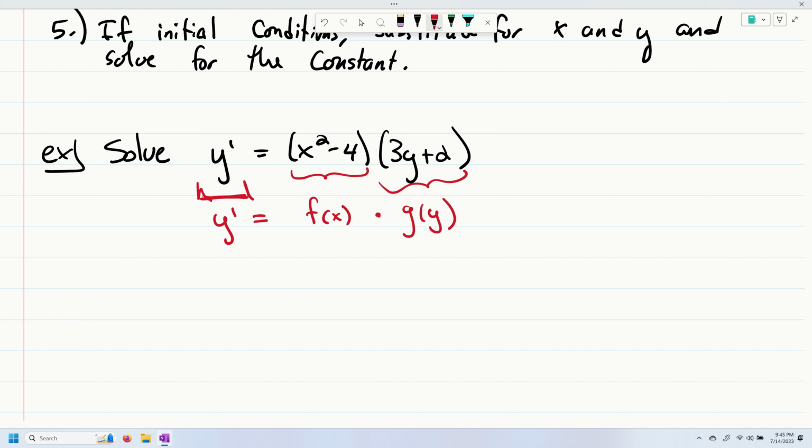So this is 100% separable. What we're going to do is rewrite this as dy/dx equals x squared minus 4 times 3y plus 2, and separate these variables. So we're going to multiply dx on both sides.